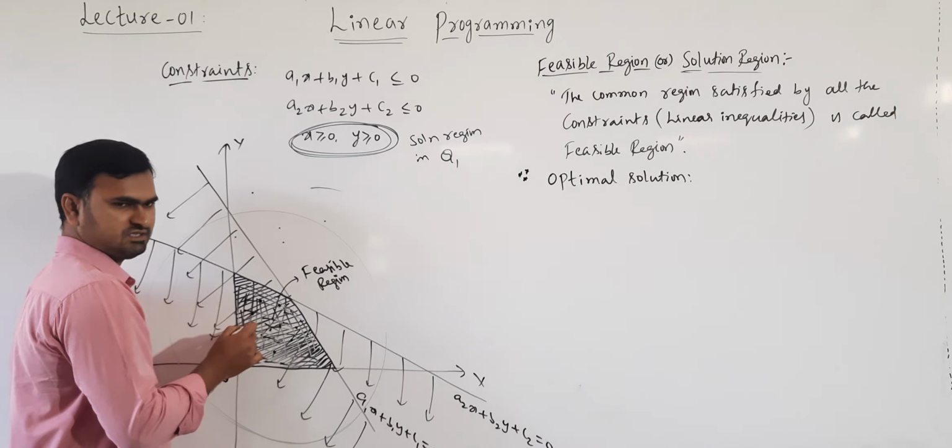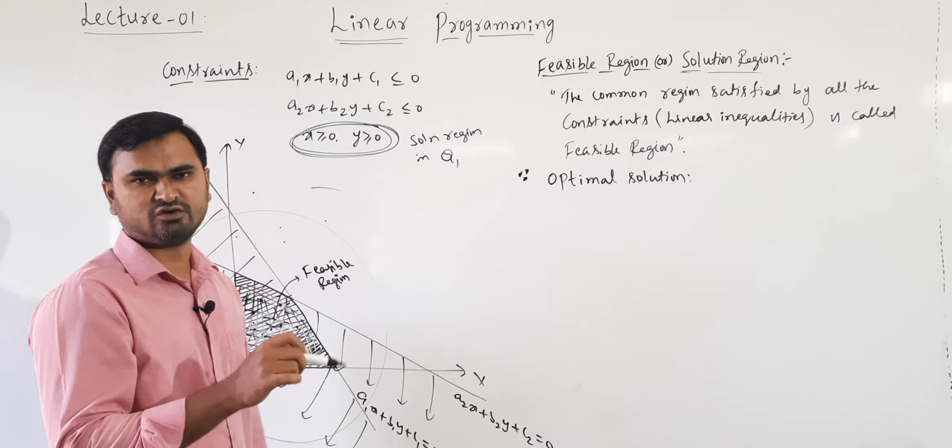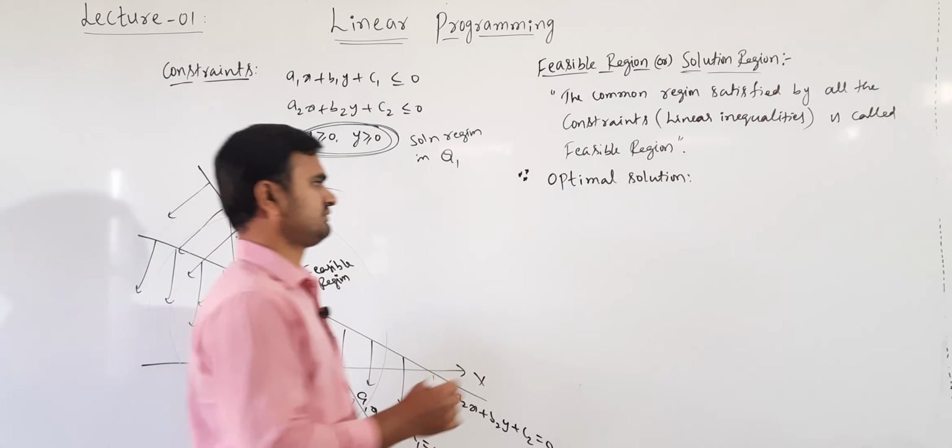A point in this feasible region which gives the maximum or minimum value of the objective function is called the optimal solution.